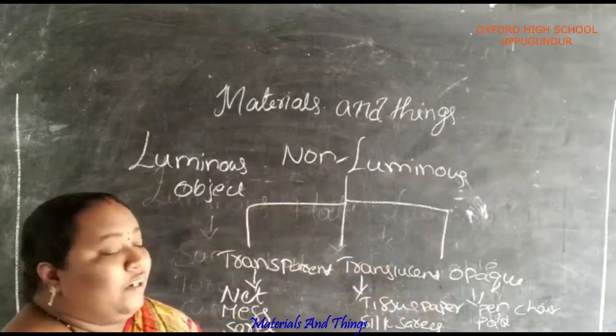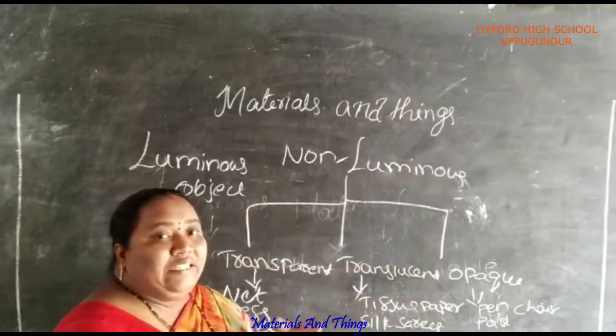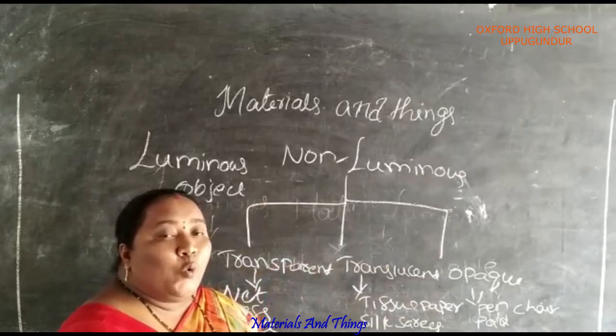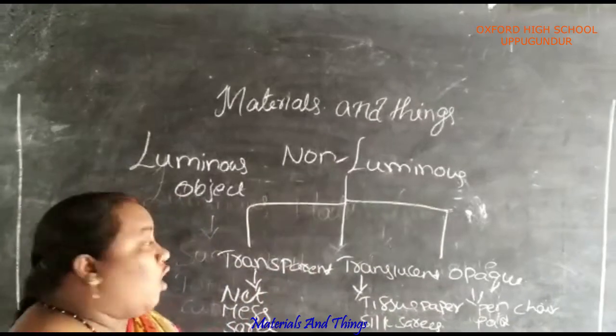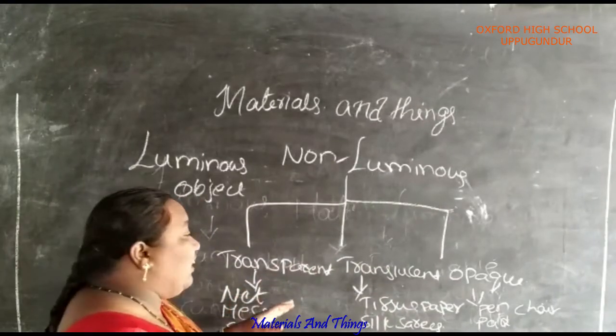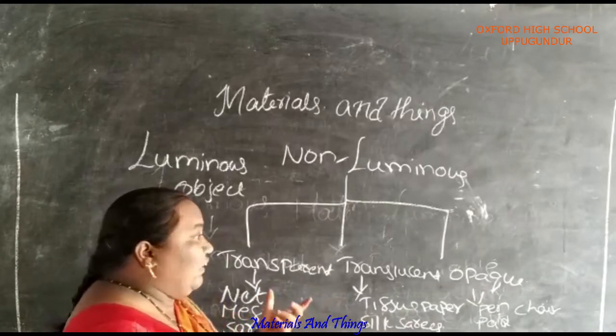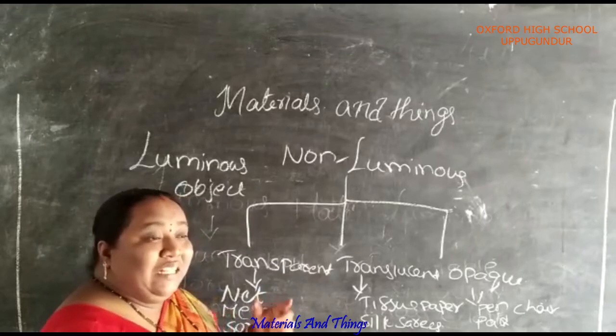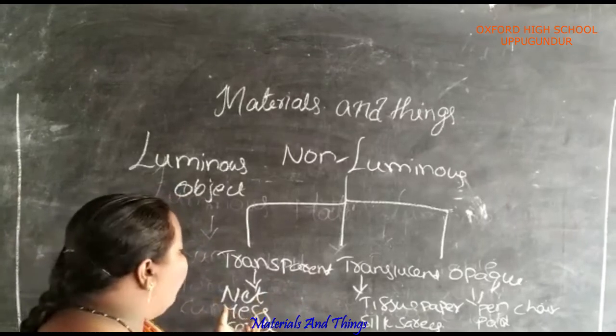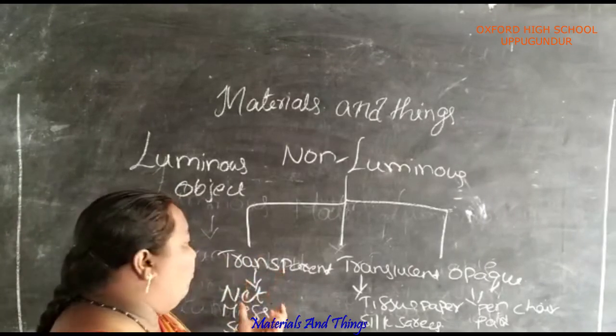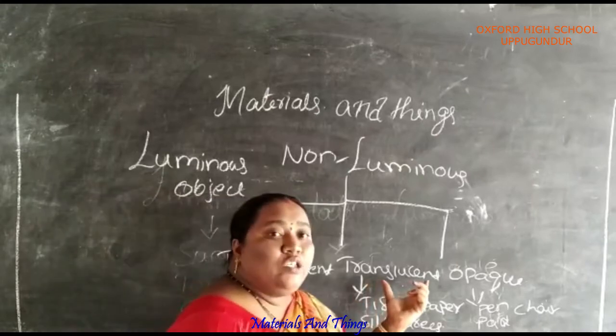First one, transparent. The non-luminous objects which allow the light to pass through them are called transparent. Example, net, fish net, mesh, and the grills of our house, which allow the light to pass through them. Next, translucent.